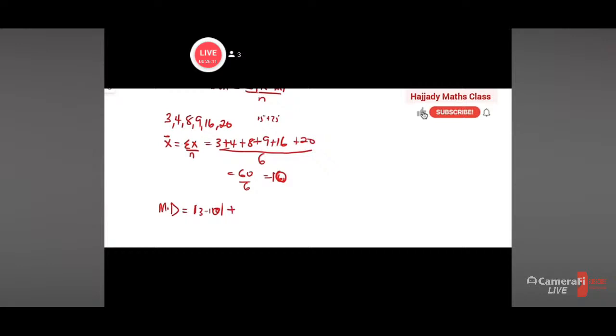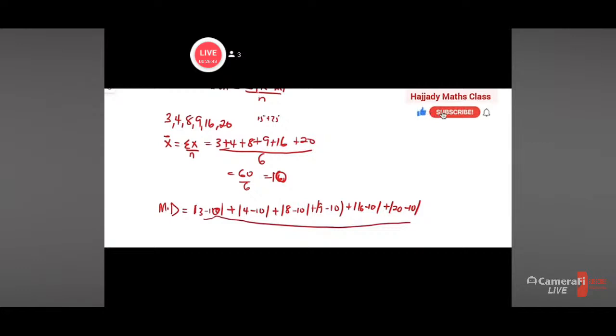The next observation is 4 minus 10, plus 8 minus 10, plus 9 minus 10, plus 16 minus 10, and the last one, 20 minus 10. So we are taking the absolute value of each observation. This is going to be over n.